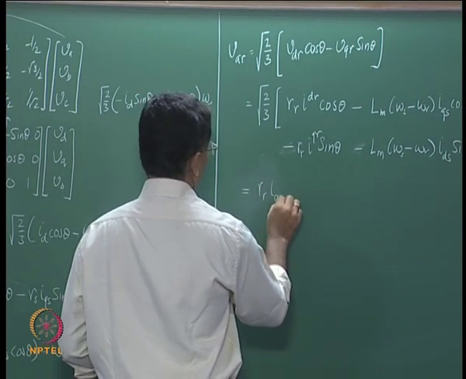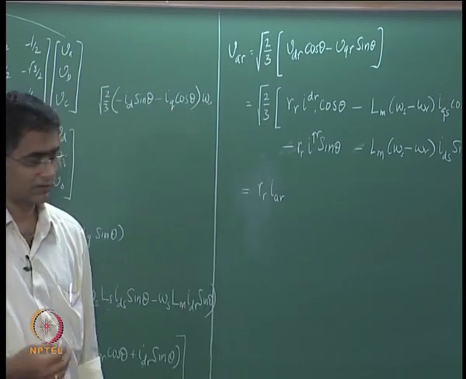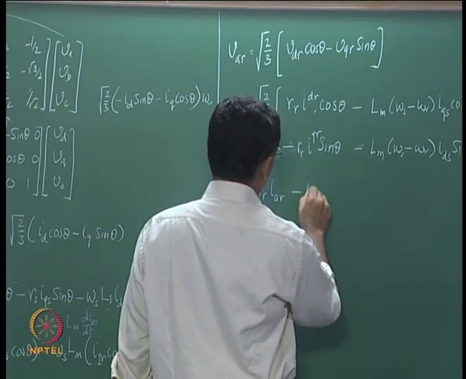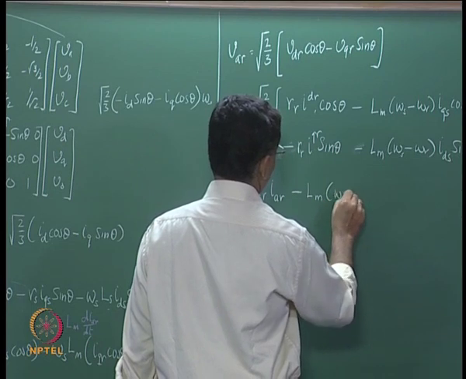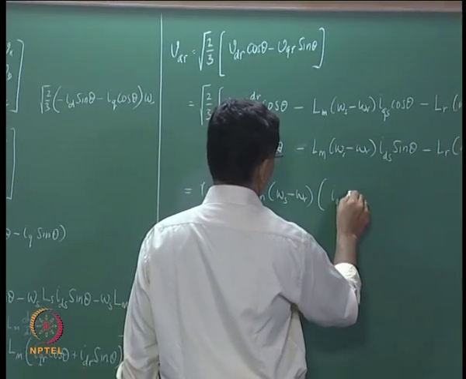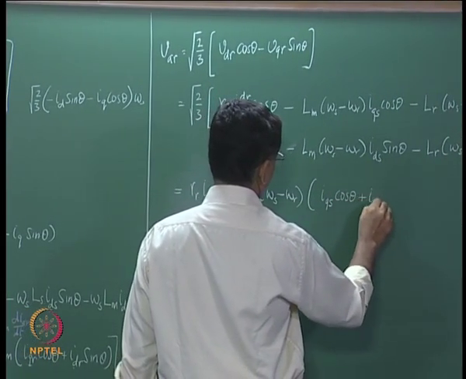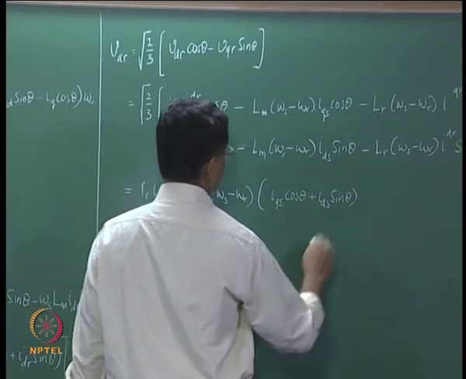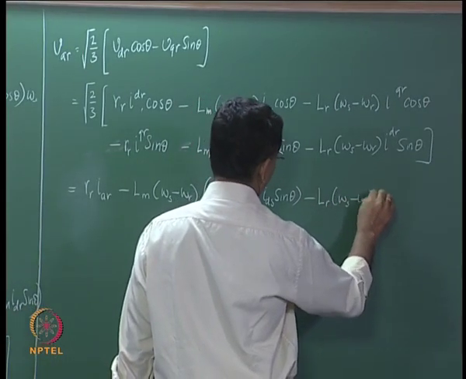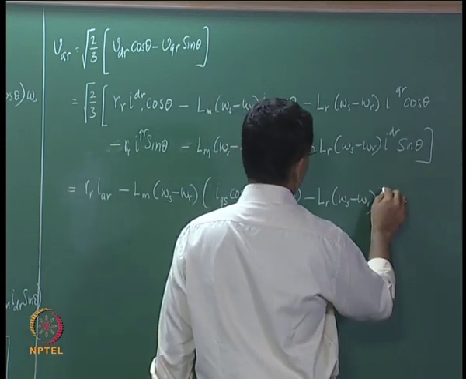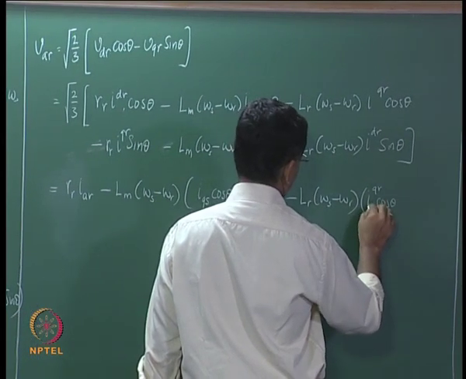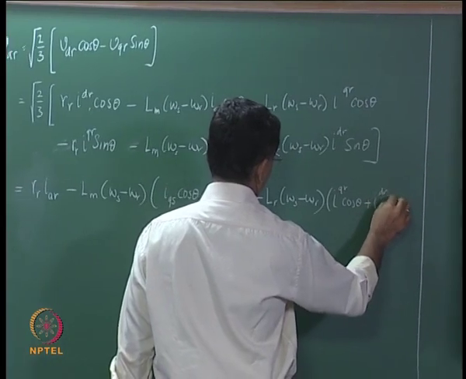and that can be written therefore as RR into IAR. These two terms together would give us IAR, and then this term gives Lm into omega s minus omega r into IQS cos theta plus IDS sin theta, and then minus Lr into omega s minus omega r into IQR cos theta plus IDR sin theta.